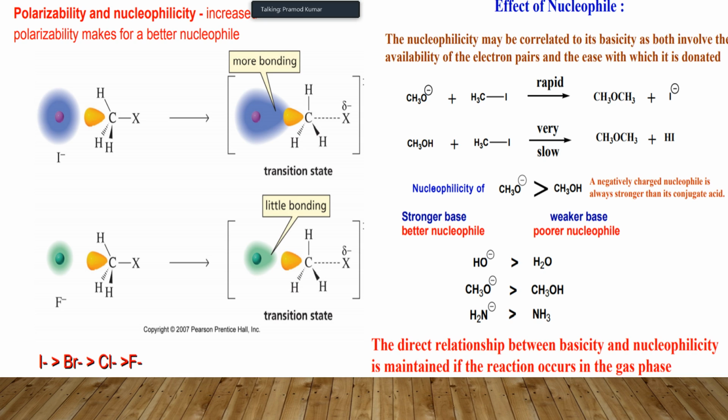So the nucleophilic strength increases with your base in comparison to your conjugate acid, because a negatively charged nucleophile is always stronger than its conjugate acid.